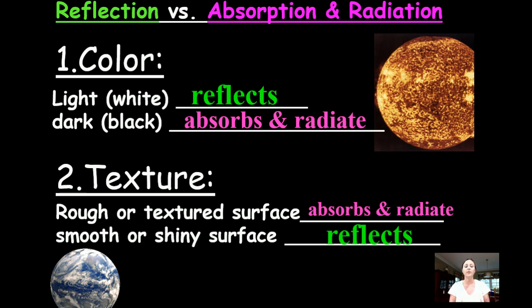For example, snow is light colored, and when it falls, it falls in an even plane and lies flat, so it is a very good reflector of the energy coming in from the sun. Pavement that is cement is rough and bumpy. It's also dark, so it will be a good absorber and radiator of the sun's energy.